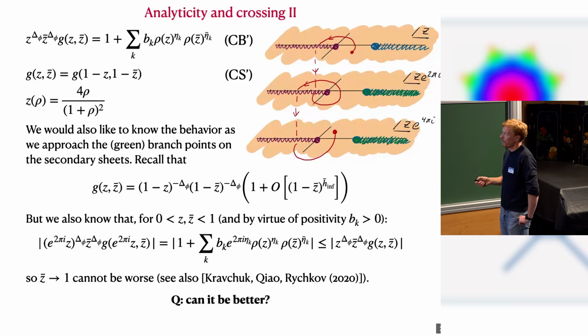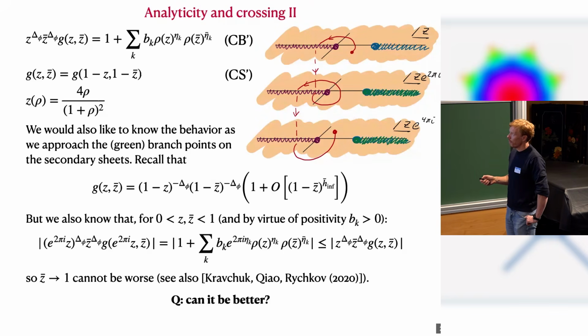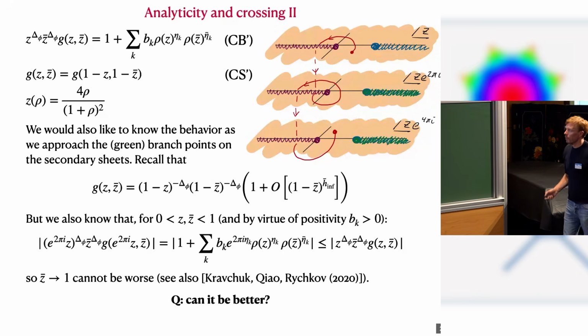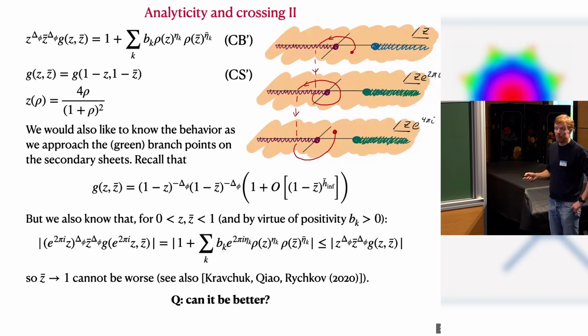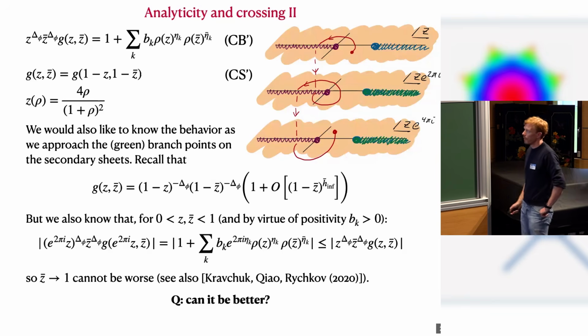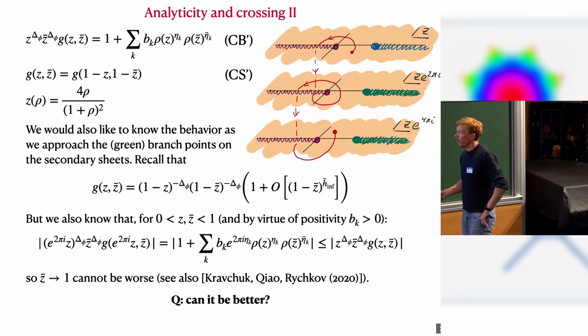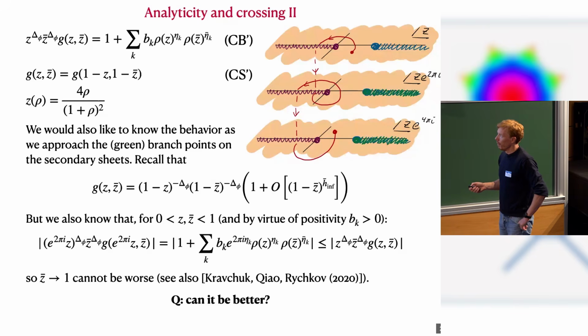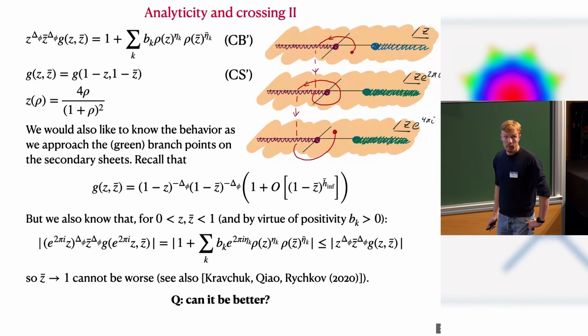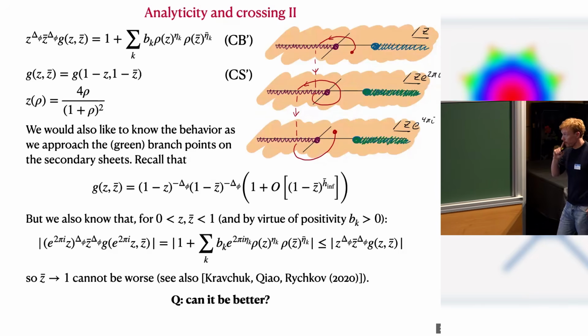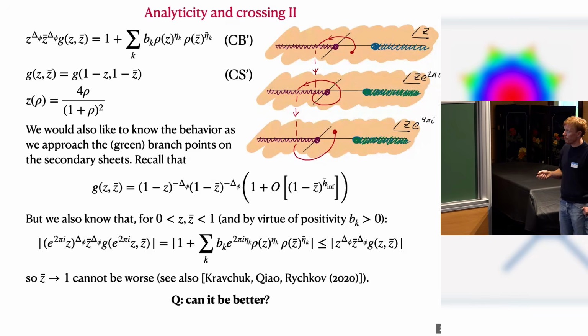And so we just insert phases, and everything else is positive. If we take z and z bar somewhere between 0 and 1, then rho also sits between 0 and 1. So this is all positive numbers, with some phases. So it's not going to be bigger than the thing without phases. So you get an obvious bound that on the second sheet things are somehow not worse than on the first sheet. This is just a simple analysis.